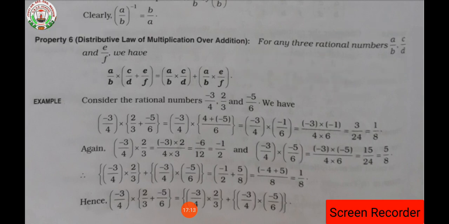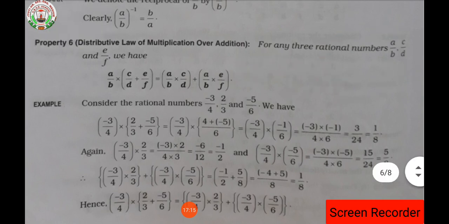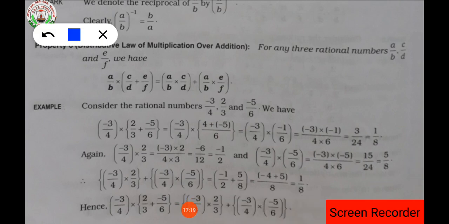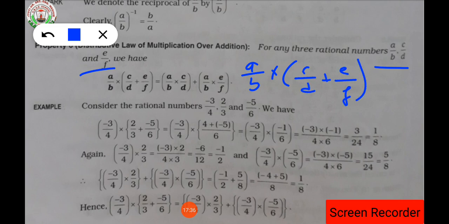Similarly, we are going to see the distributive property of rational numbers. So what are the three rational numbers we are having? That is a by b, c by d and e by f. These are three rational numbers. So let's see what the answer is. a upon b into (c upon d plus e upon f) is the left hand side.